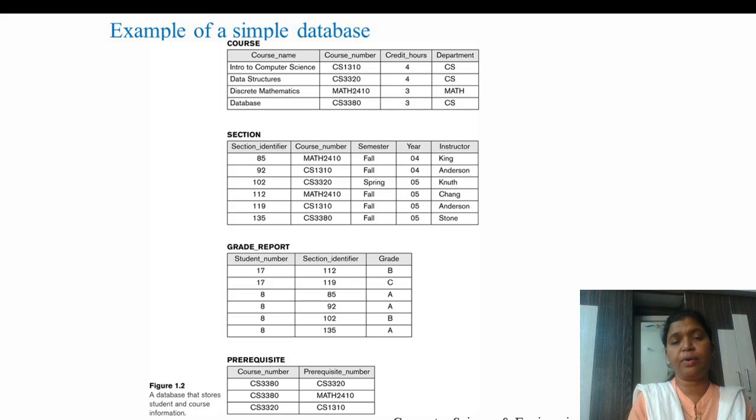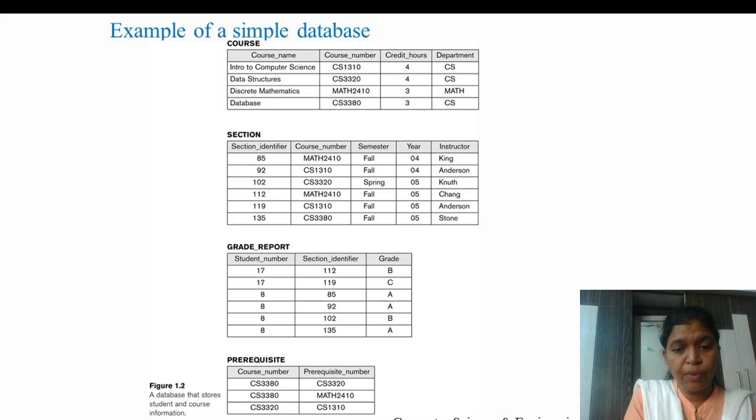Here also you find the unique identifier, a key which is relating to all the other existing entities. For example, if you see the course and section, you have course name and course number. Can you see there? For course and section, course number is repeated. So course number is connecting course and section.